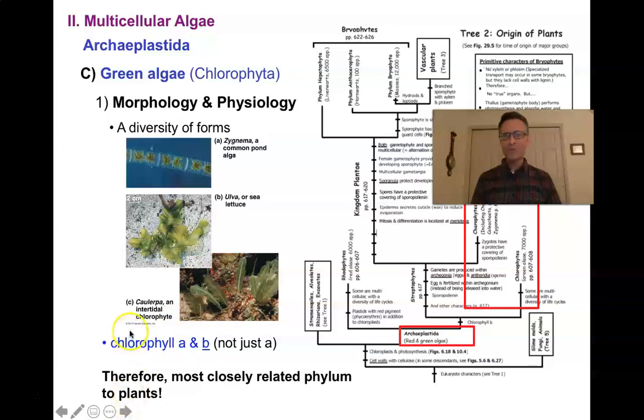Right. In addition to this diversity in morphology, let's think about their photosynthesis. And so, as we've said, they have chlorophyll A, like all of our archaeoplastids, but they also have chlorophyll B. And so chlorophyll B absorbs a slightly different set of wavelengths, and in particular, it gives these algae that darker, more vibrant green color that we associate not just with green algae, but with plants.